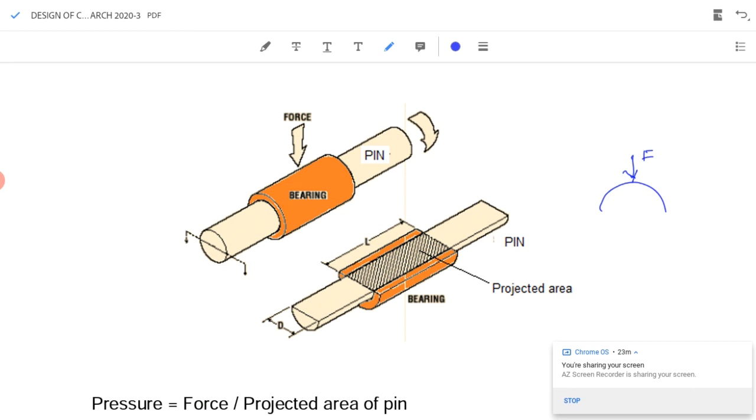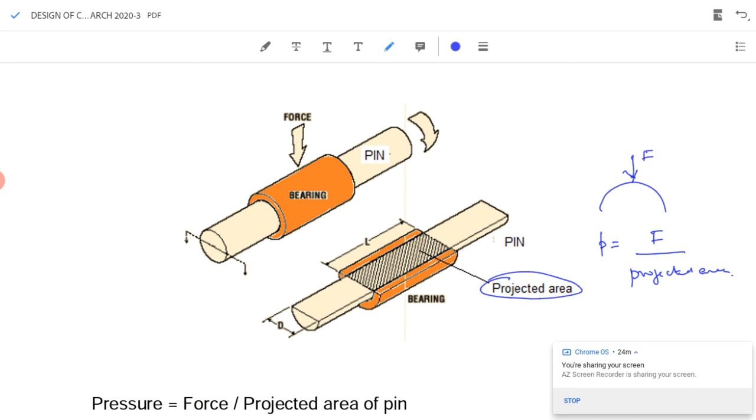So, in such cases, bearing pressure will be equal to force by projected area. You can refer to the previous sessions on fluid mechanics and strength of materials. Whenever the force acts on a curved surface, pressure equal to force by projected area. What will be the projected area of a pin? That is the area which we can see in the top view. So, that area will be a rectangular area which is shown hatched in this figure.